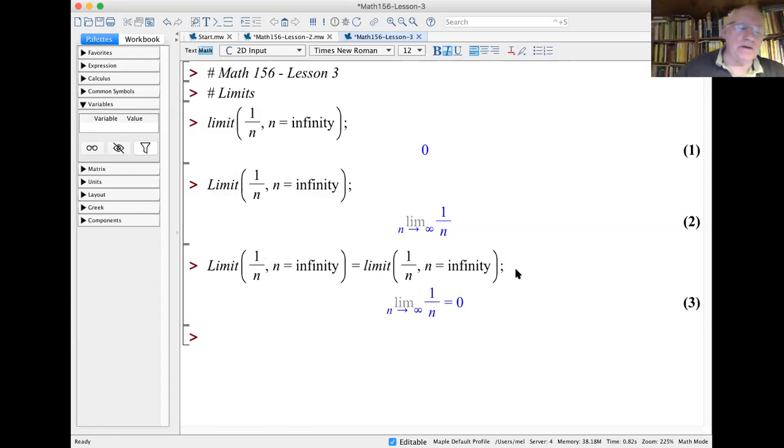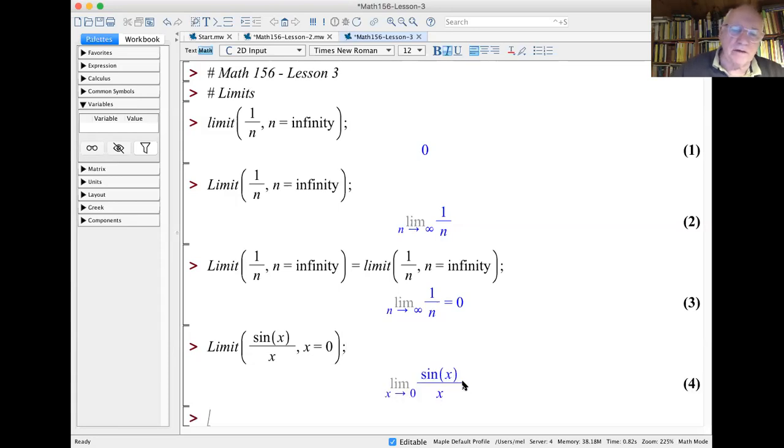Let's look at some other examples. The limit of sine of x over x as x goes to 0. You don't write an arrow, you just write x equals 0. This means the limit as x goes to 0 of sine x over x.